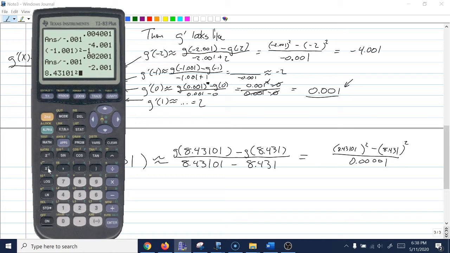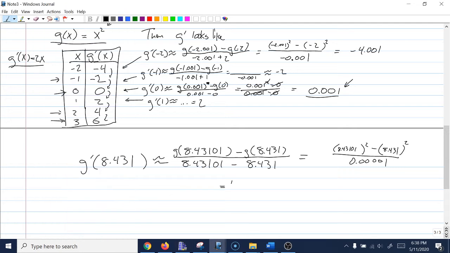So now I pull out my calculator and say, hey calculator, what is 8.43101 squared minus 8.431 squared? And now divide that by 0.00001. I'm getting 16.86201. I don't think this is exactly what the derivative is, but I think it's pretty close to the derivative.